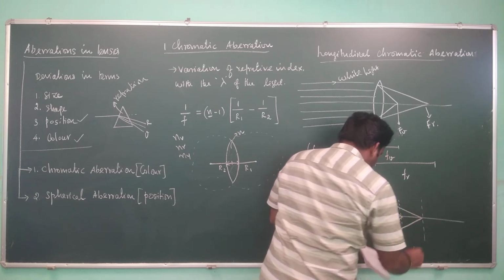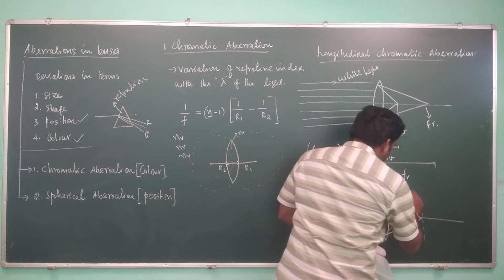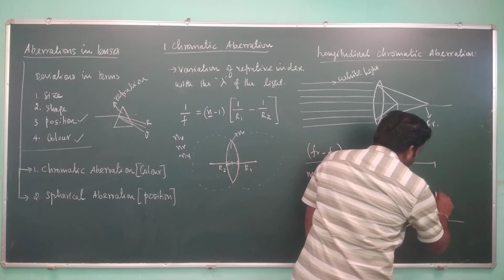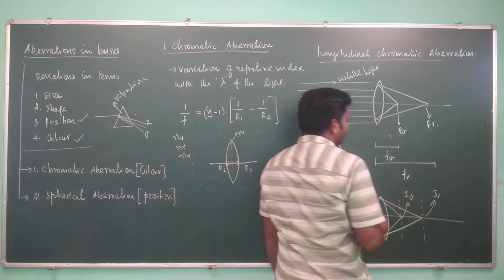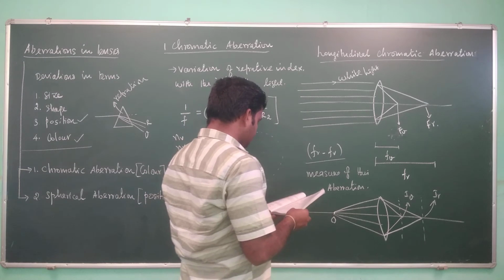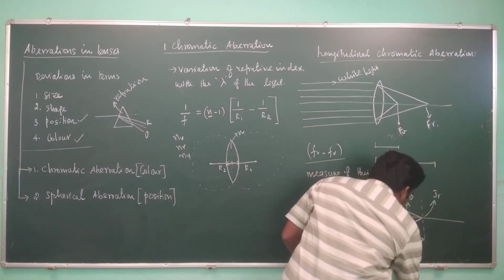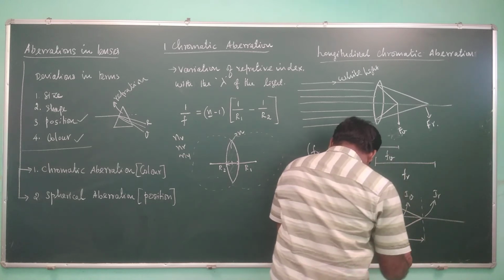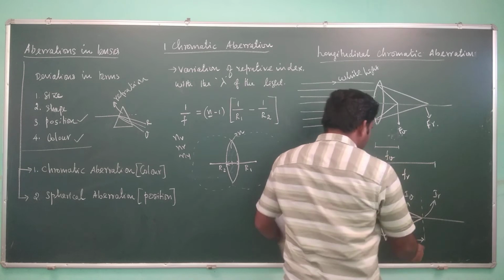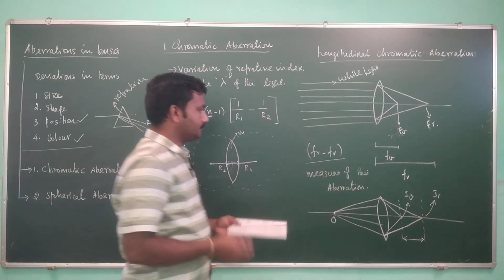If you draw a plane, this will be the image of violet, and this will be the image of red, if it is a point image. Here also this distance is the measure of chromatic aberration.